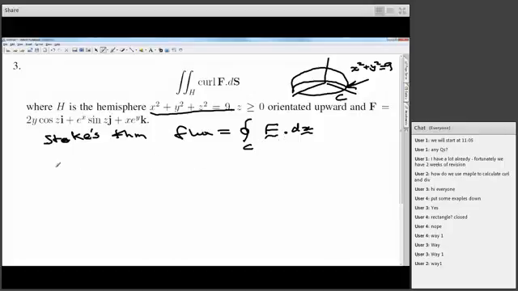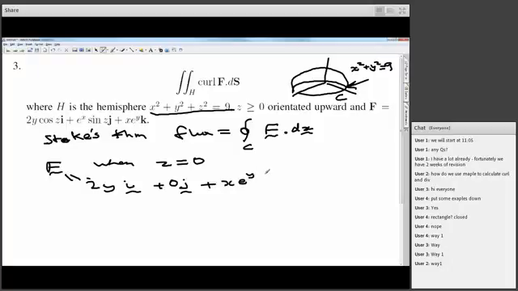So if you want to put it down, F when z equals 0, which is in this xy plane, really just becomes 2y cos 0, which is 1, so just 2y i, plus e^x sin 0, which would be 0, plus x e^y k. So some of the annoying parts of this vector field are at least a little bit nicer when z equals 0.